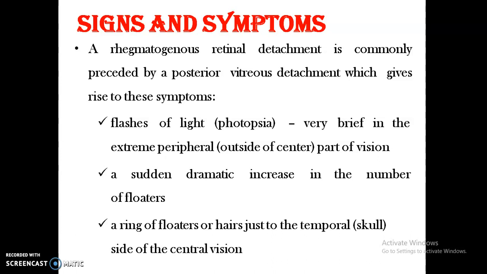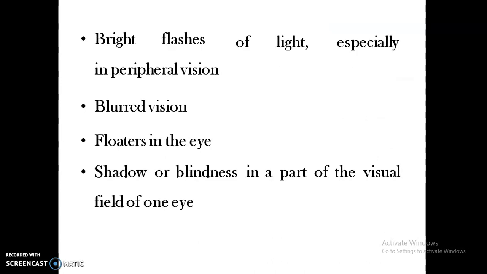The person with the problem will see dots or some lines. That is the floaters. Then bright flashes of light, especially in the peripheral vision.